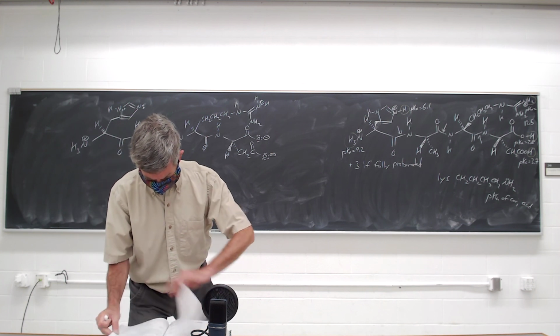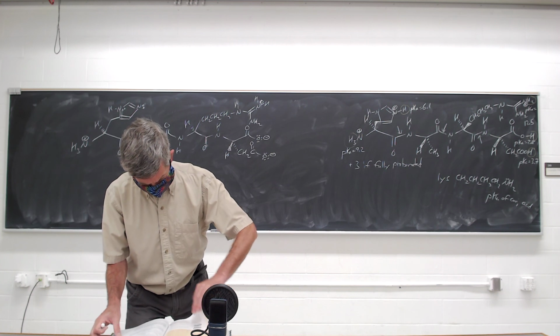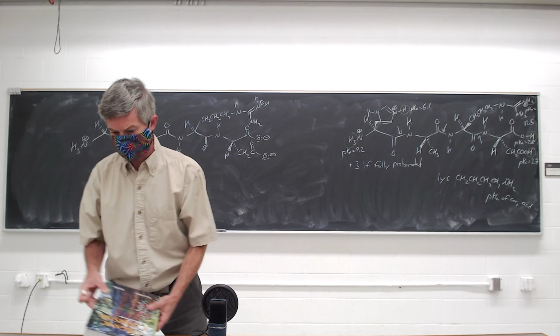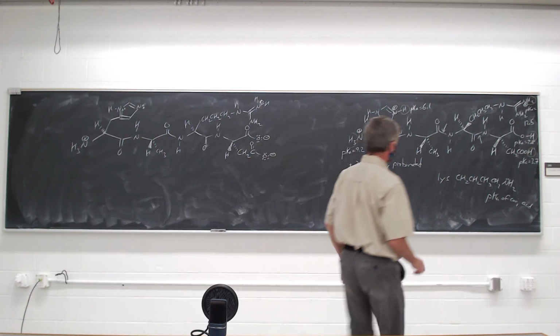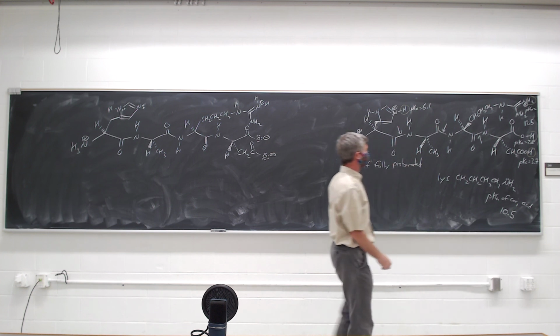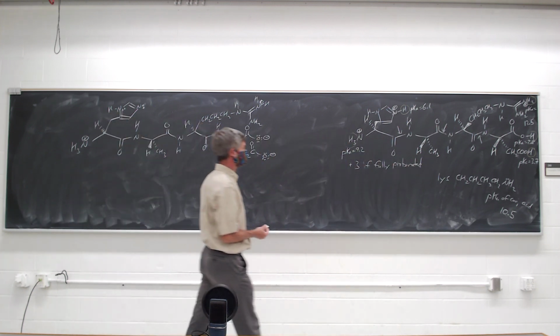So lysine generally stays protonated as well. Its pKa is 10.5. Above physiological pH, but the glutamic and aspartic acid side chains get deprotonated.